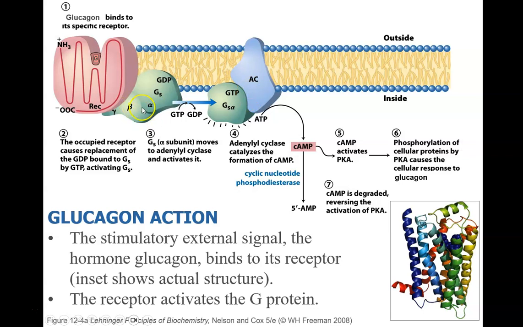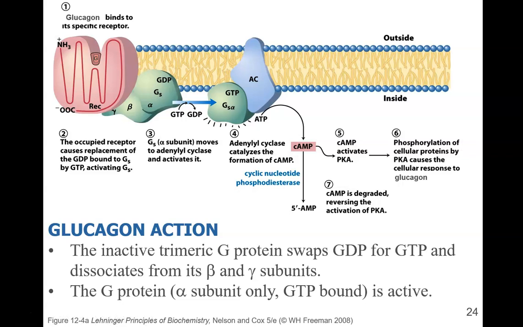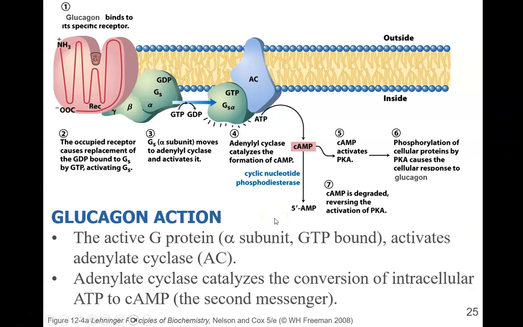You also jettison the beta and the gamma subunits, and then you activate an enzyme called adenylate cyclase. So this G protein swaps GDP for GTP, dissociates from beta and gamma, and now you just have the alpha. The G protein is active when you just have the alpha. These little lines right here are supposed to mean that it's active. And then it cuddles up to the adenylate cyclase and activates it.